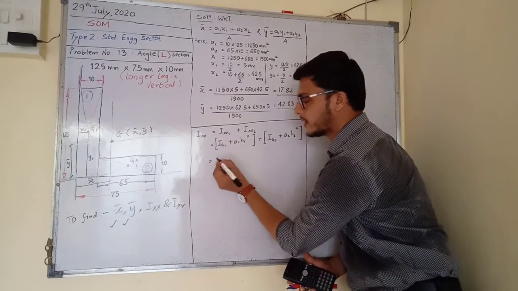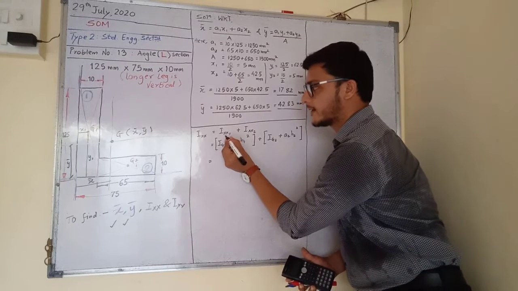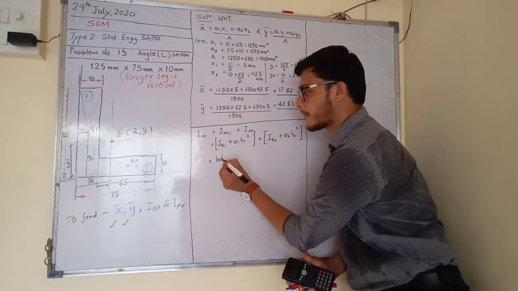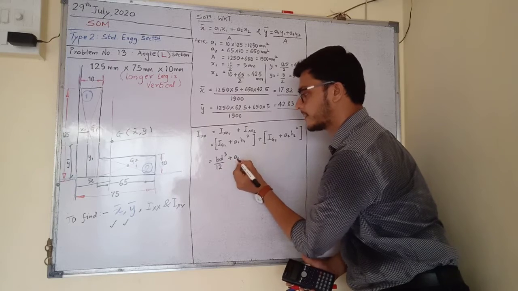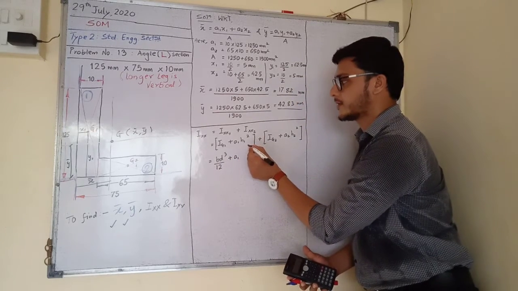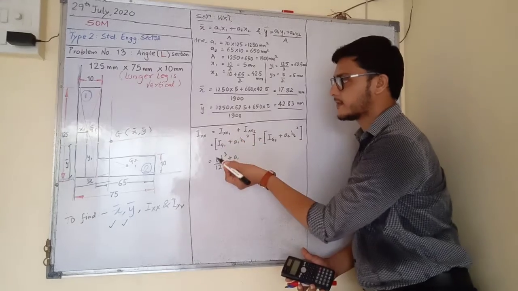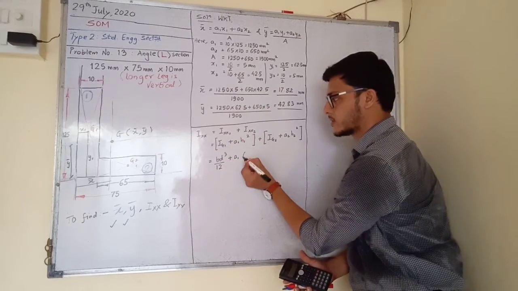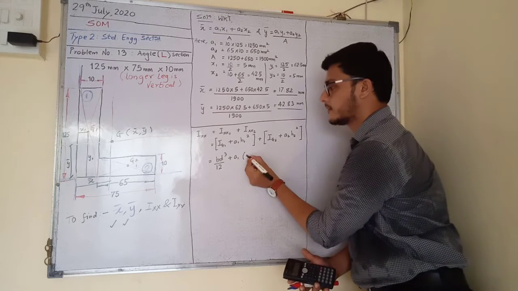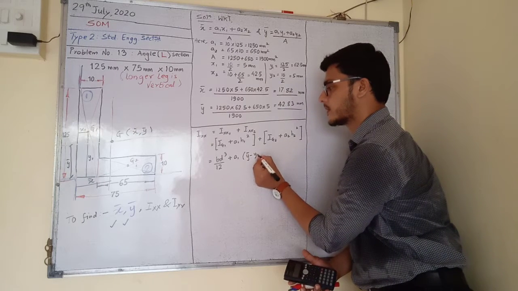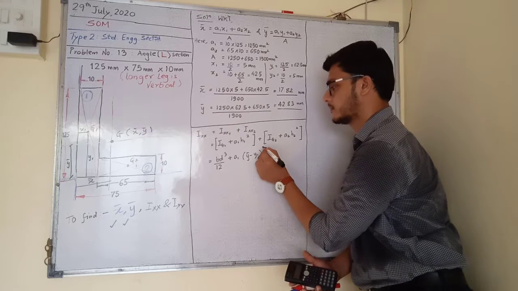So Ig is what? Ixx for rectangle is BD cube by 12. BD cube by 12 plus A1, already we have calculated. H1 will be what? In x distance will be y bar minus y1. Y bar is how much? I'll put the first y bar minus y1 in generic form.